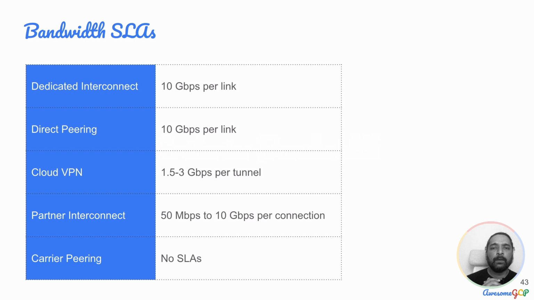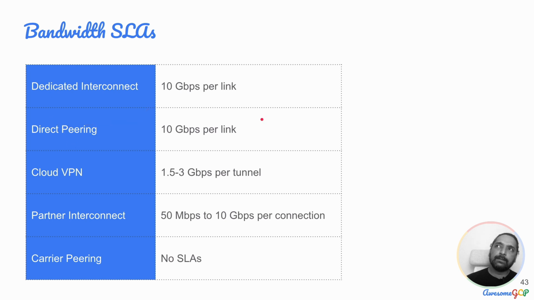The third criterion would be bandwidth, and this is fairly straightforward. If you have a dedicated or direct connection, you're looking at higher reliability and higher bandwidth. You've set up the line yourself, connecting either to a POP or a Google colocation facility, and you've established a certain bandwidth for that line. So you get high bandwidth SLAs when it comes to Dedicated Interconnect and Direct Peering.